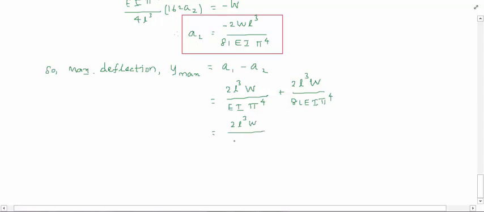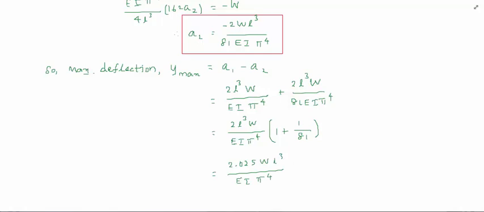So we can take the common terms outside. So it will become 1 plus 1 by 81. If you reduce this value, you will get 2WL cube and 2.025 WL cube divided by E pi power 4.